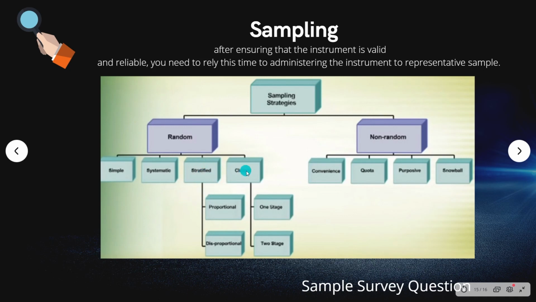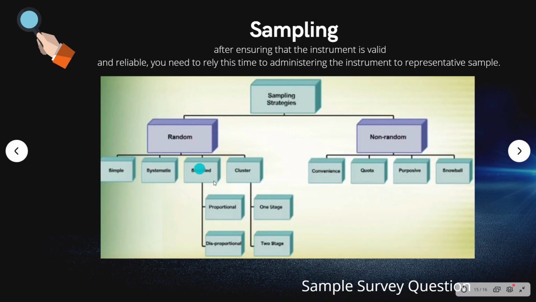Stratified and cluster are very similar, but cluster is more geographical. So you group them by their geographical location, their location in space, and then you try to represent each of the clusters as much as possible, with equal representation as to the different characteristics that you have identified, right? So that is random sampling.